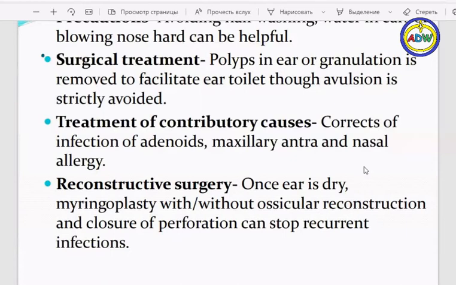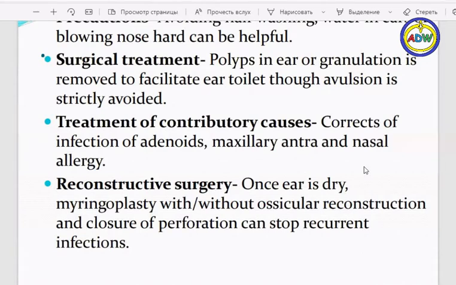Reconstructive surgery: once the ear is dry, myringoplasty without ossicular reconstruction. If the patient needs ossicular reconstruction, we perform it, and closure of the perforation can stop recurrent infection.